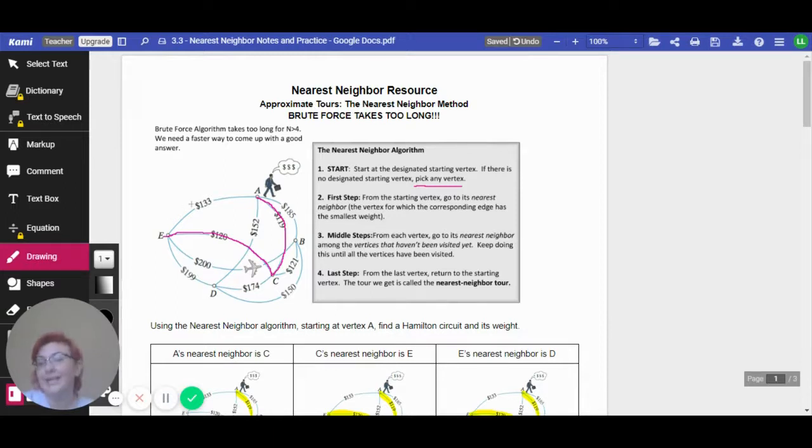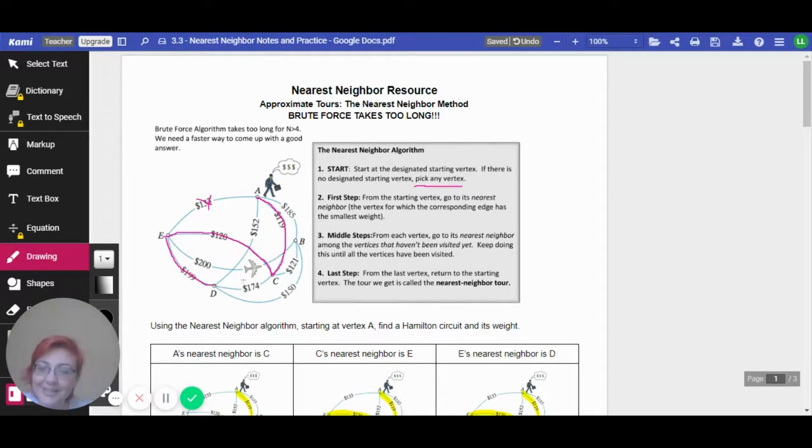So I can't use 133 because that would be taking me to A, which has already been visited. That leaves me a choice between D at 199 and B at 200, and for a difference of $1, I'm going to D.